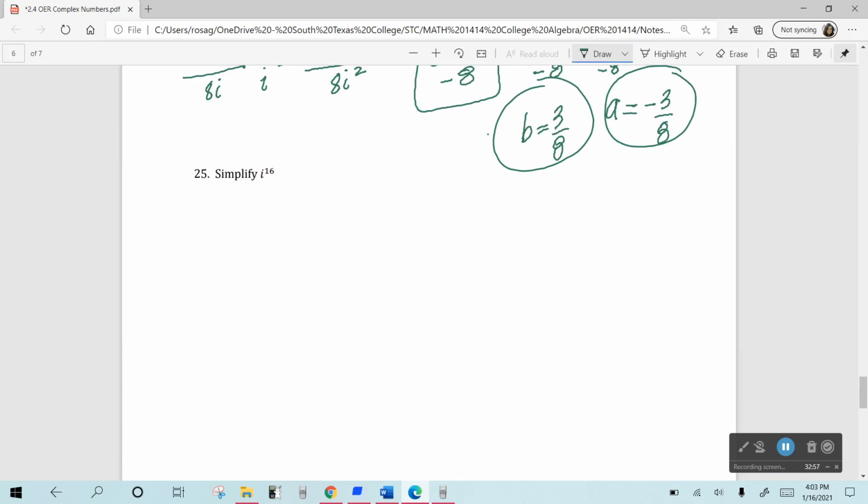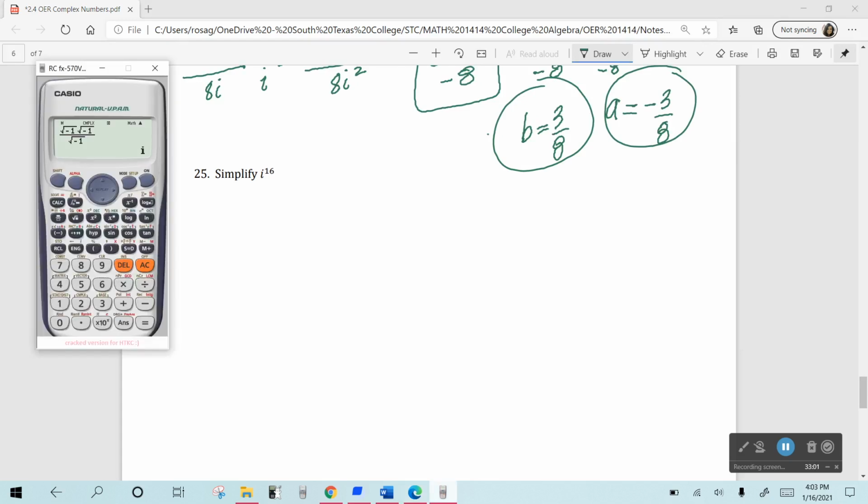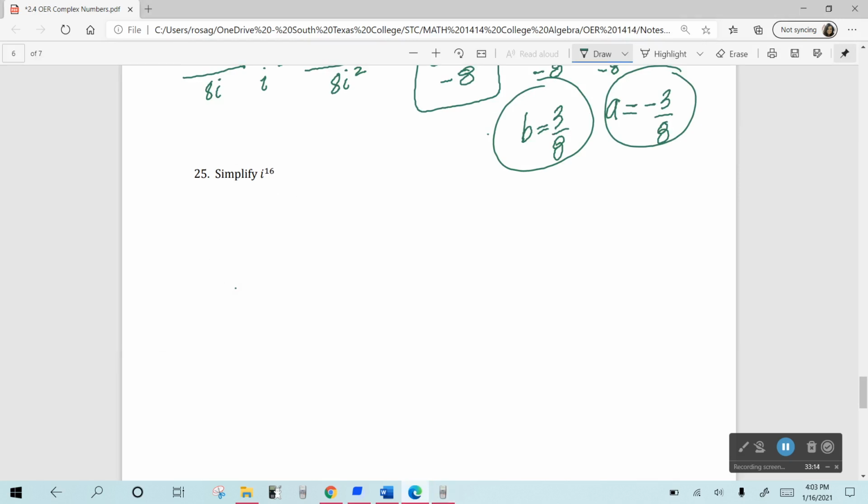On this ones, when you have a higher power, I think you can put it in the calculator. I will show you how it's derived, but let's see if you can actually put it. Yeah. So what happens is there's a pattern to follow here. I is just going to be I, but I squared, we know it's negative 1.